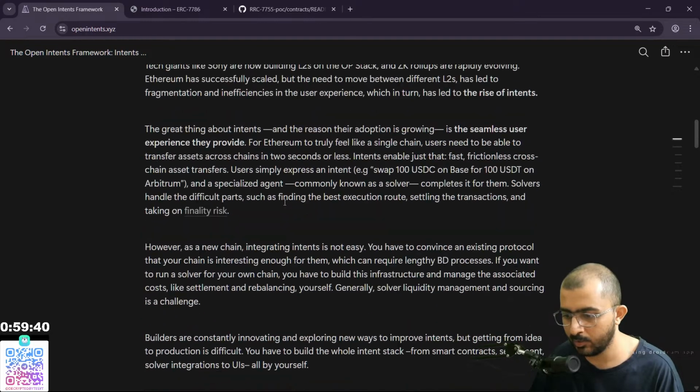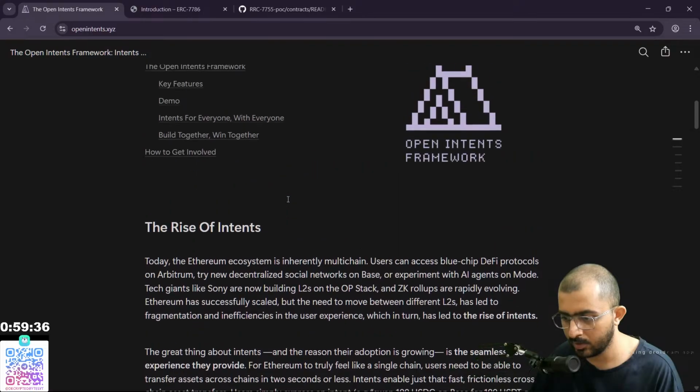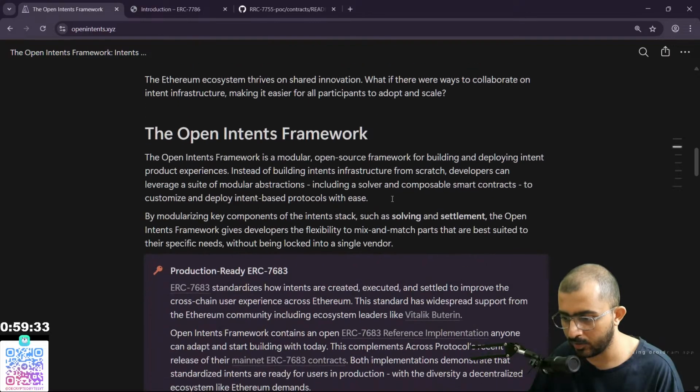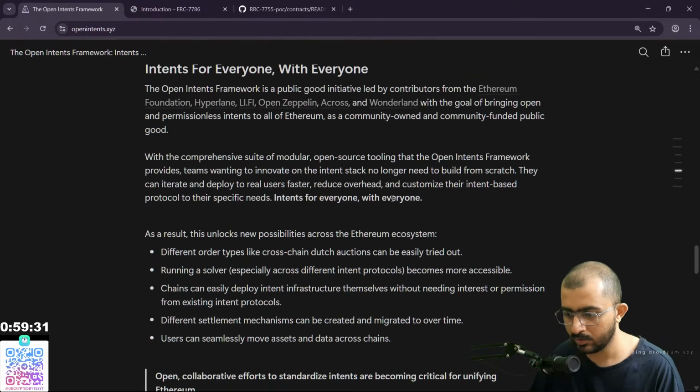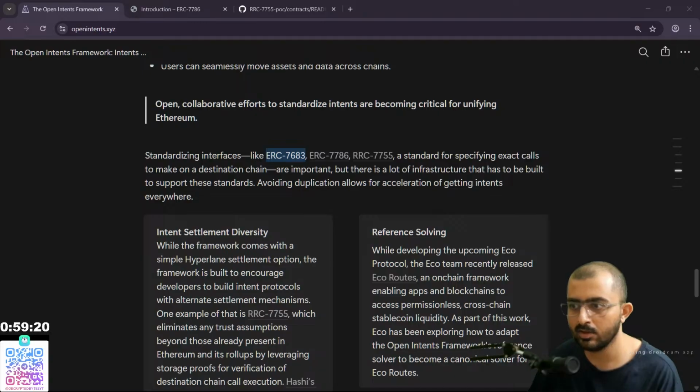It has multiple EIPs. I just glossed over it. So these things. First things first, we are going to talk about EIP 7683, and then we can move on to these.